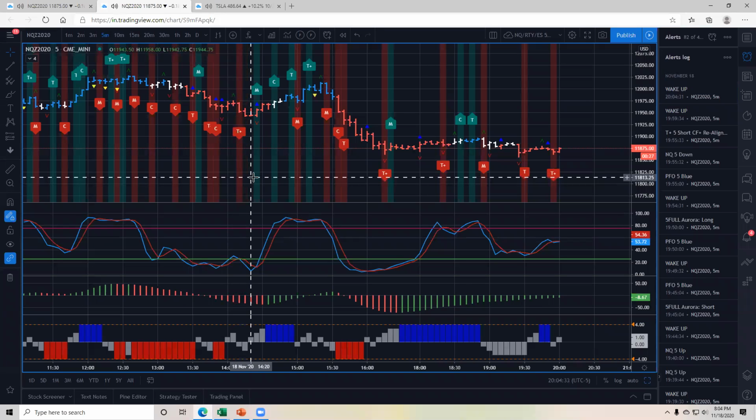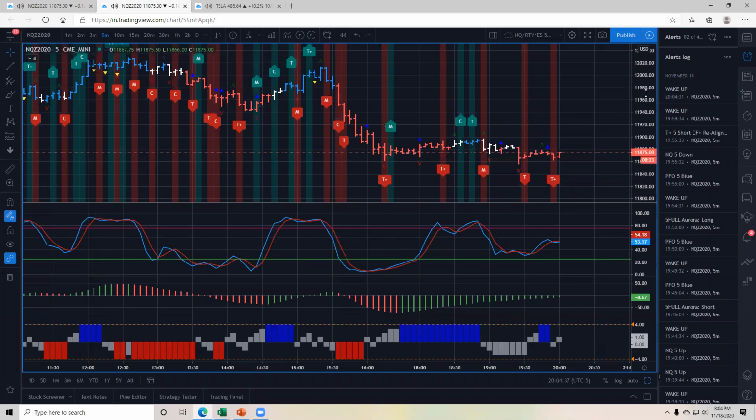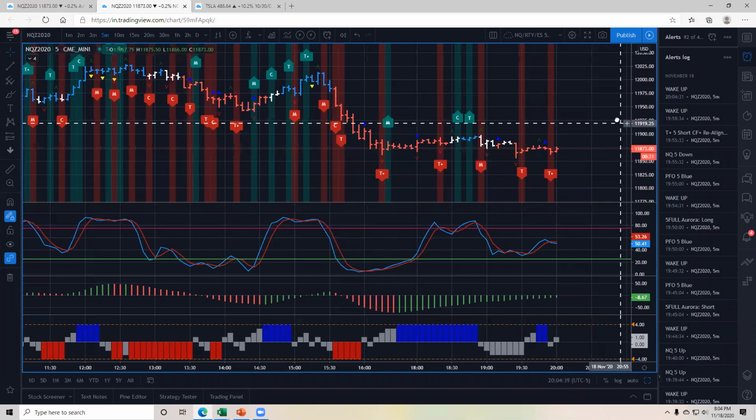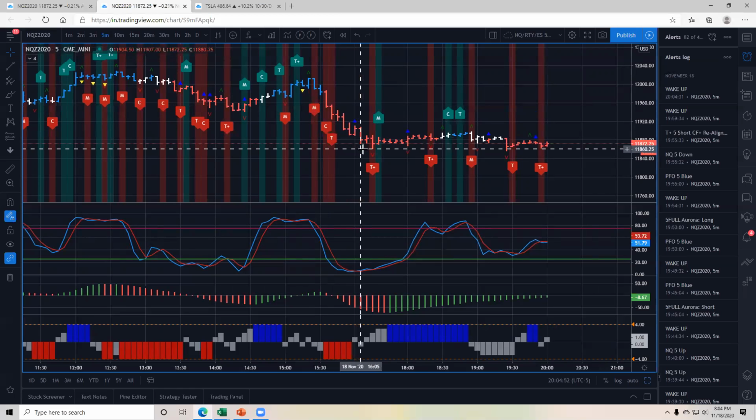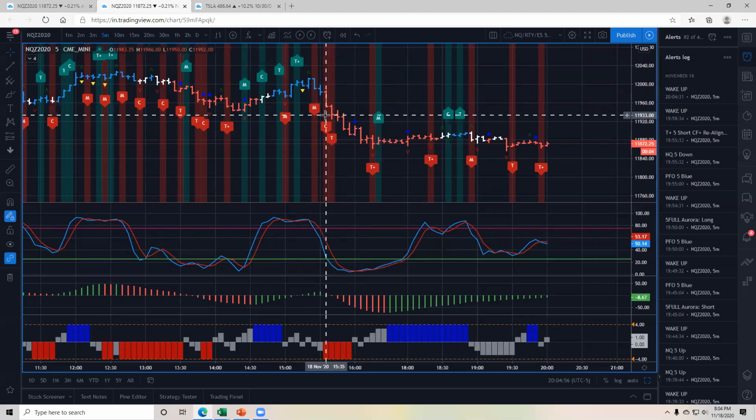So if it touches it, it's satisfied the target. It doesn't have to go past the target number. In fact, 70% of the time it usually bounces off the target number. Right. It's a nice little sell-off right there towards the end of the day.